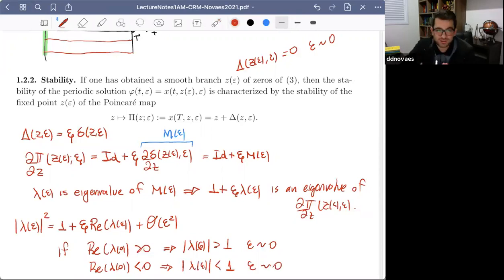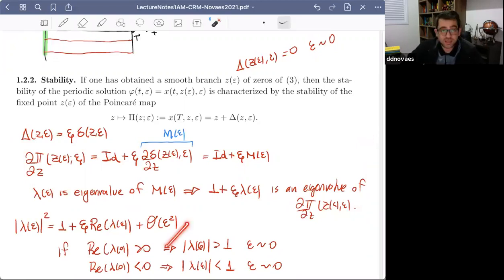I'm not going into much detail about the stability of the periodic solutions given by the averaging method, for instance, but we can always do something to investigate this stability. The main idea is to use the displacement function to approximate and estimate the eigenvalues of the Jacobian of the Poincare map.